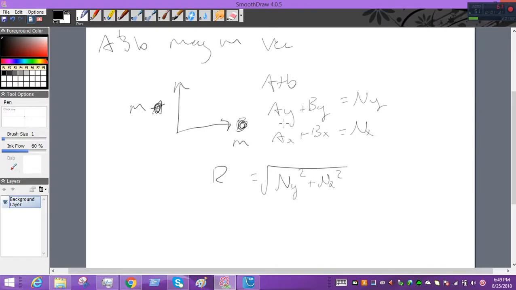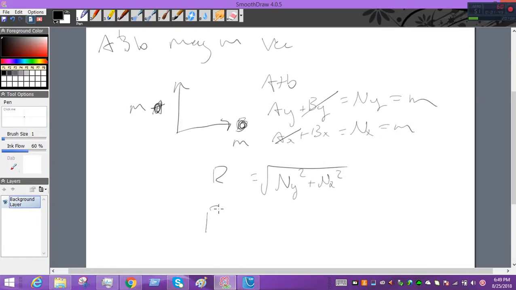So A y equals n y equals m, and there's no A x because there's no x component of a pure vertical vector. So B x equals n x equals m.